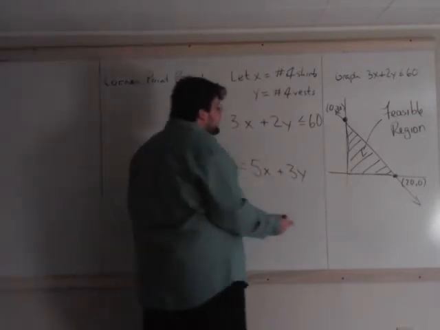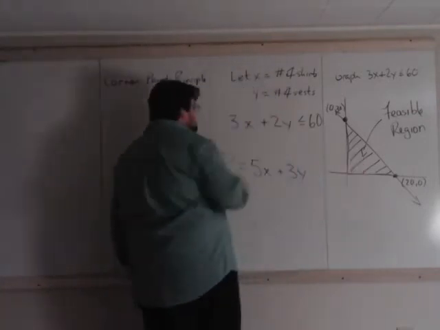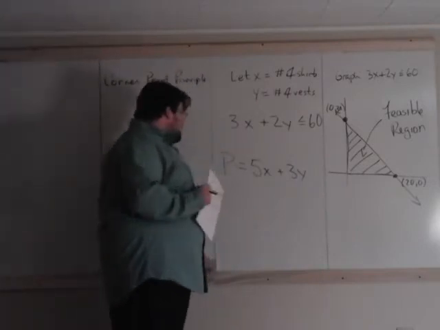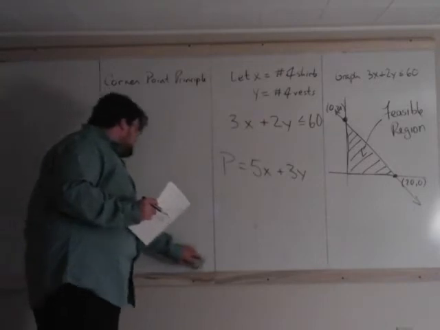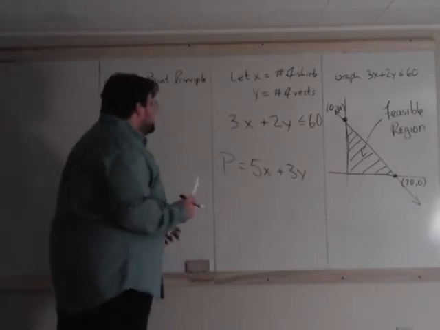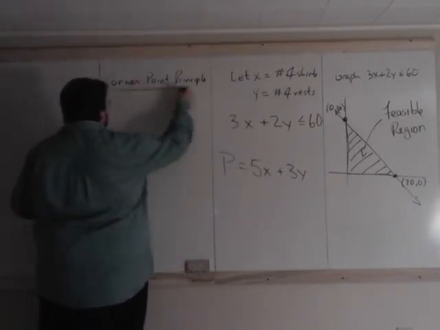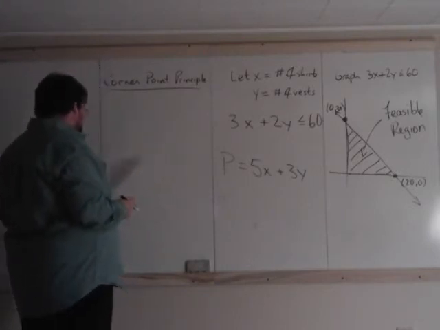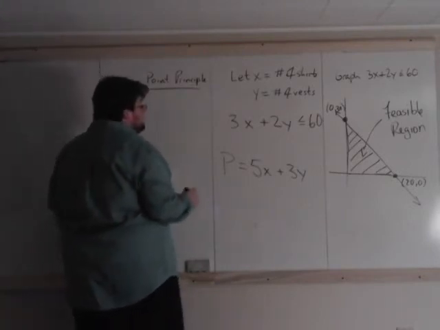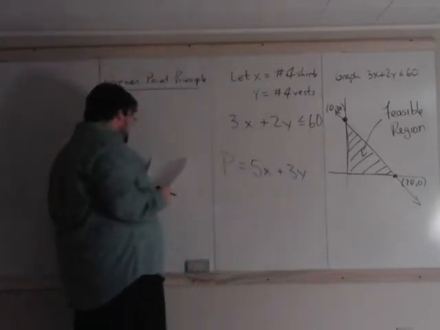So any point in here will satisfy all of these equations. And remember, we're going to assume the number of shirts and vests that we sell is positive. So that's called the feasible region. The border lines are included in the feasible region because it's a less than or equal to.